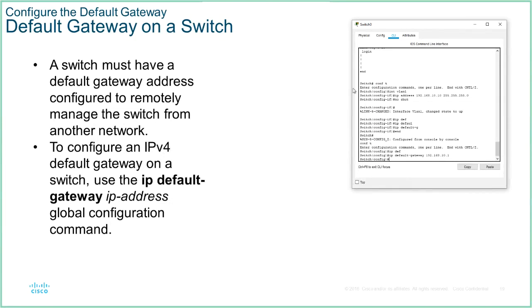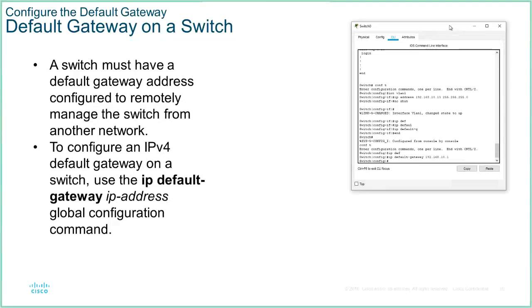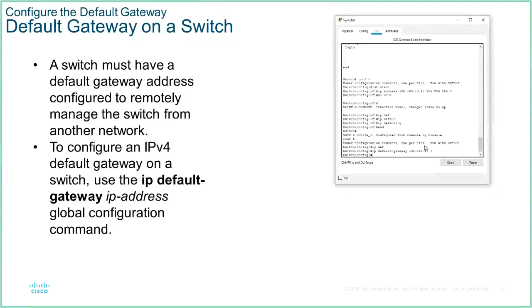Now, the slide pack and the slide image in 10.32, if I remember it said it had an error in the graphic, so they just removed the graphic. But basically, IP default gateway and the IP address of your router 1 interface.